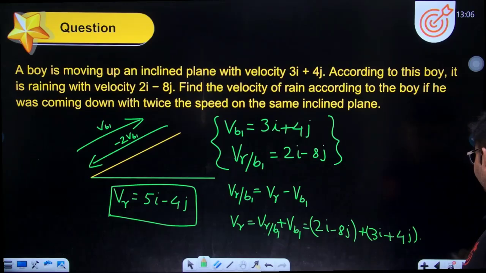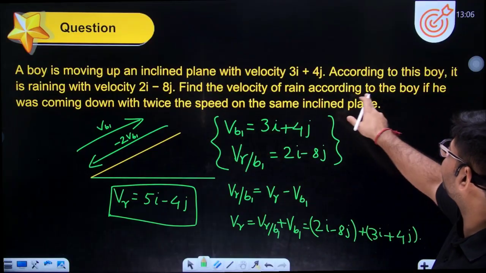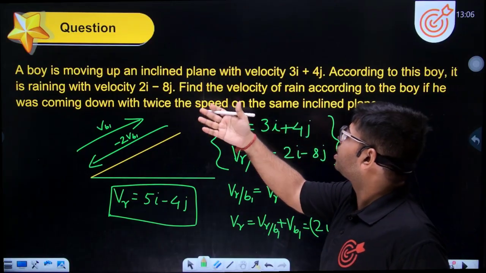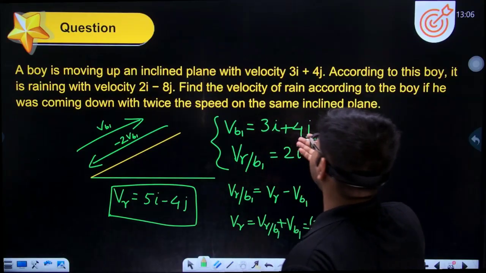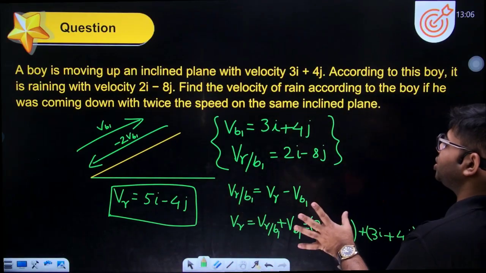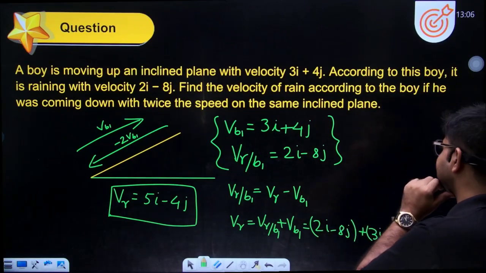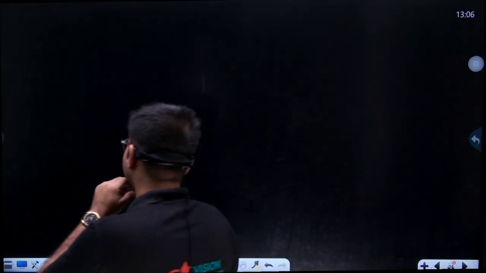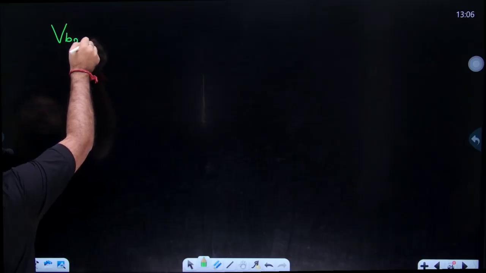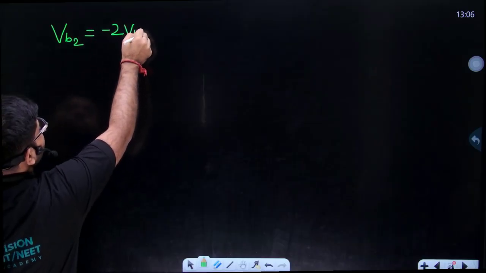Let us see. So now with that, minus 2 VB1, I need to find the velocity of the rain with respect to the boy when he is coming down. So VB2, when the boy is coming down, is minus 2 VB1.